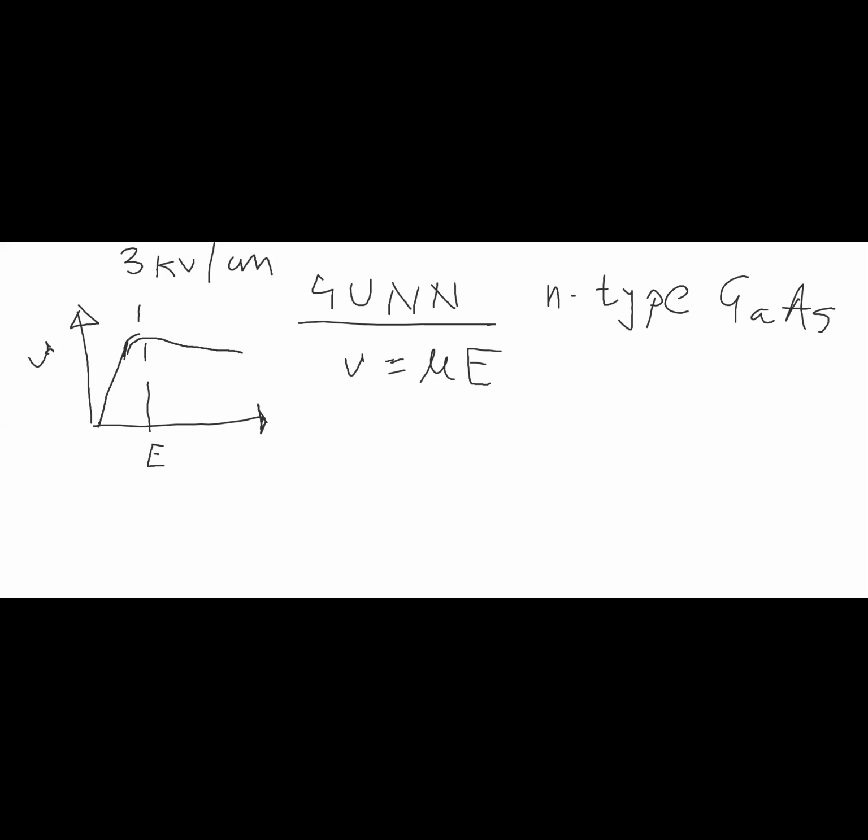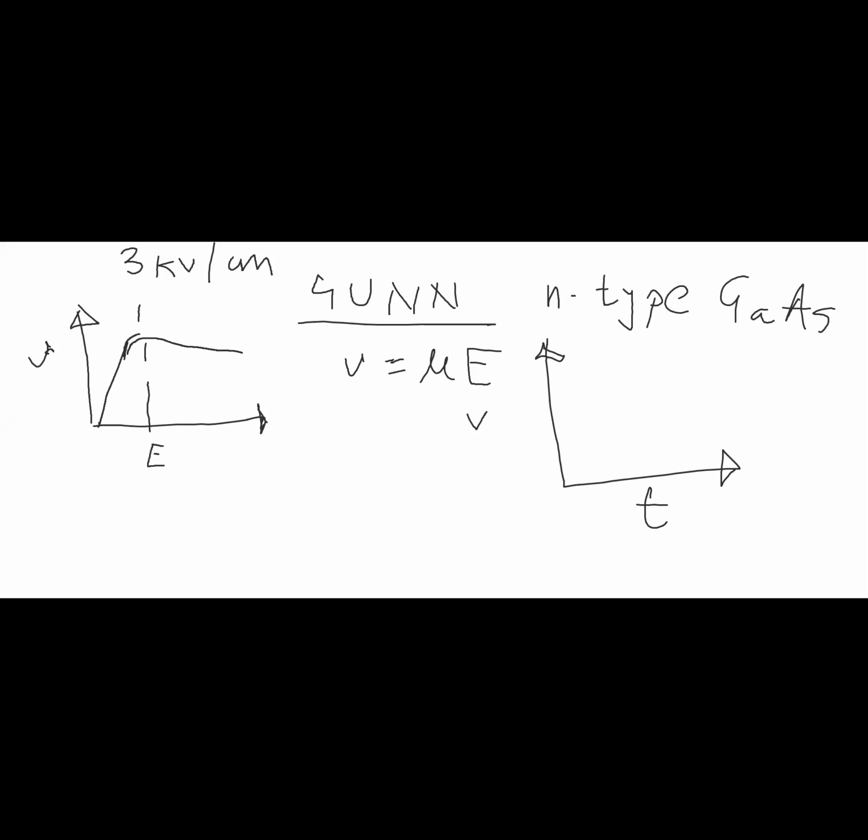Now the second observation. After knowing what is happening inside the N-type semiconductor material gallium arsenide, he started experimenting with that sample at 3 kilovolt per centimeter and beyond. This time it is time versus V; in the book, the current behavior is mentioned.